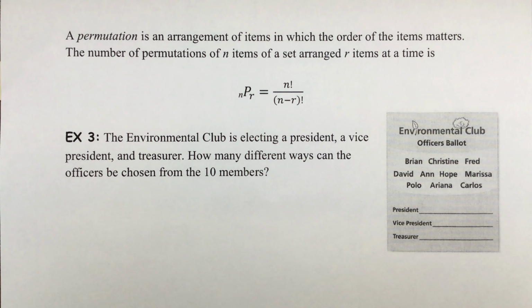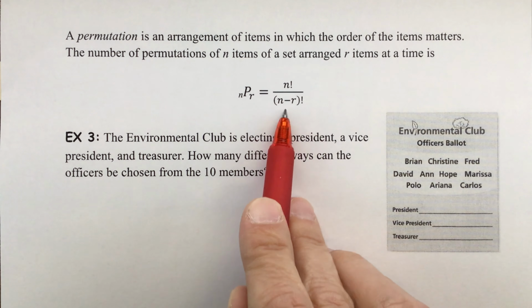All right, next. A permutation is an arrangement of items in which the order of the items matters. So this is different than a combination. The order in which we choose the items is going to make a difference. The number of permutations of n items of a set arranged r items at a time is given by this expression.